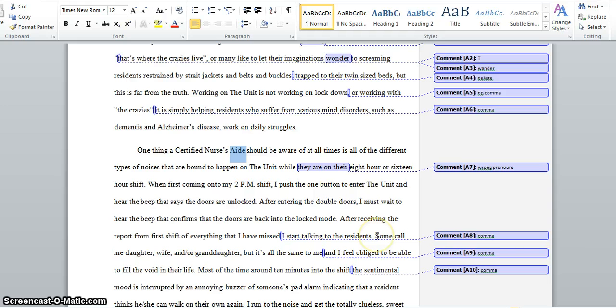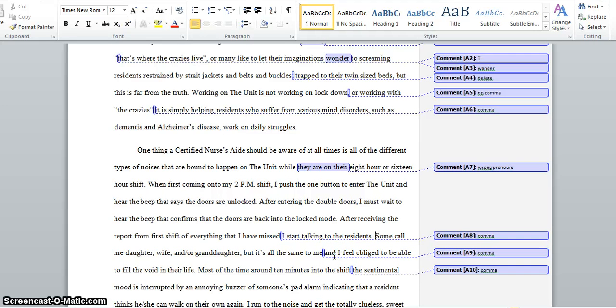Let's look right here at this sentence, beginning with some. The very first rule that it discusses in the writer's reference is two independent clauses separated by a conjunction. So if you look at this sentence, some call me daughter, wife, and or granddaughter, but it's all the same to me and I feel obliged to be able to fill the void in their life. Okay, so your conjunction here is and.